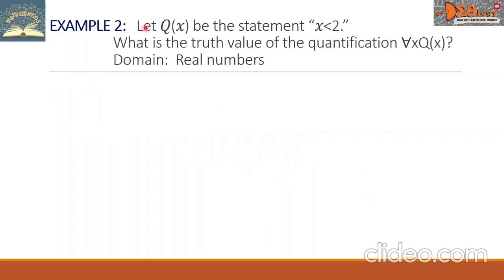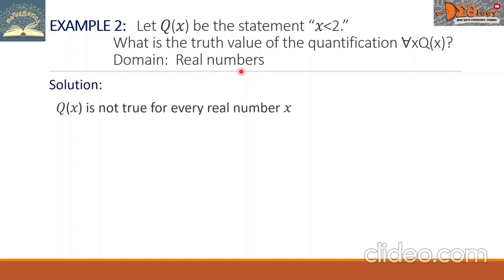Example 2. Let q of x be the statement x is less than 2. What is the truth value of the quantification for all x, q of x? The domain is the real numbers. Q of x is not true for every real number x. Let's find a counterexample. Let's say x is 3.